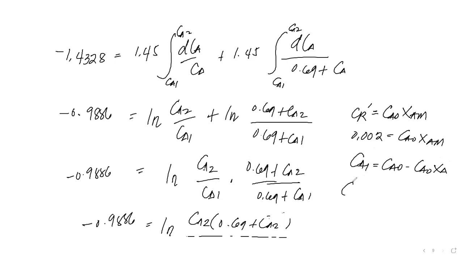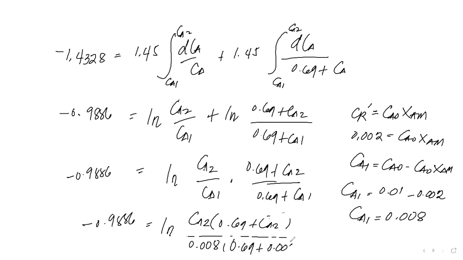So then your Ca1 will be your CaO, which is 0.01. Let me check if it's also 0.01 already. Yes. And with XAm minus 0.002 XAm. So that should give you Ca1 being equal to 0.008. That's the Ca1 that you will place here. 0.008 times 0.69 plus 0.008.